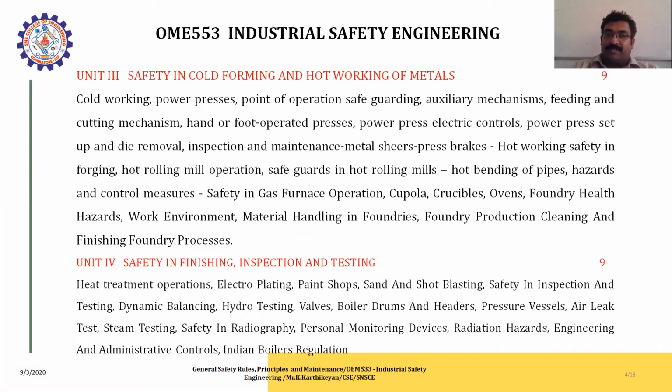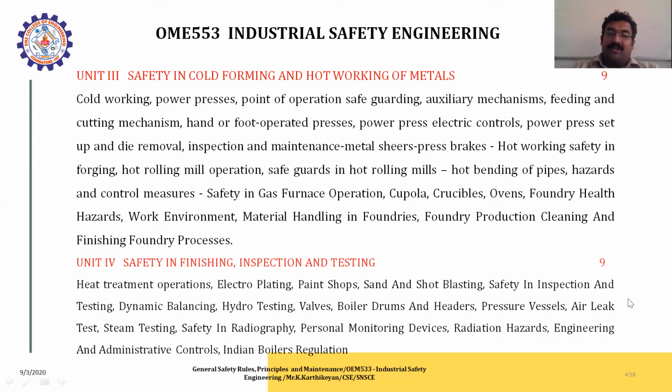Cold working, power presses, point of operation safeguarding, auxiliary mechanisms, feeding and cutting mechanisms, hand or foot operated presses and power press electrical controls, and power press setup, die removal, inspection, maintenance, metal shears and brakes, and hot working safety in forging and hot rolling mill operations, and safeguards in hot rolling mills, and hot bending of pipes, hazards and control measures, and safety in gas furnace operation, cupolas, crucibles, ovens and foundry and health hazards, work environment, material handling in foundries and foundry production, and cleaning and finishing and foundry process. This is the unit number 3 topics.